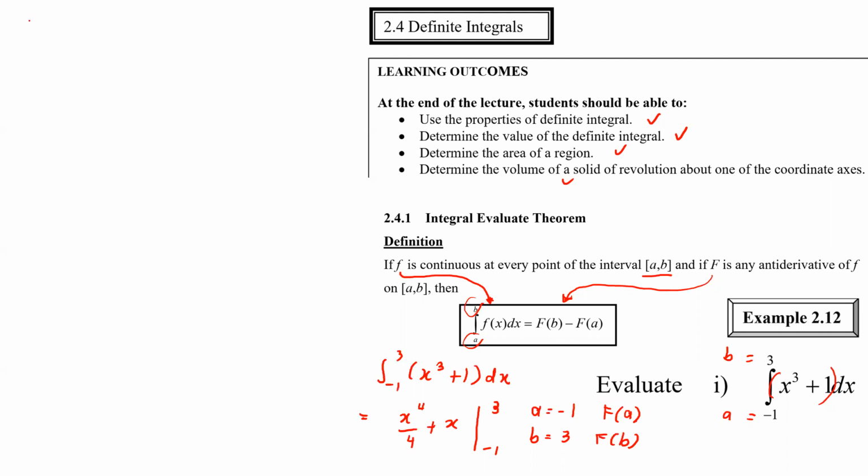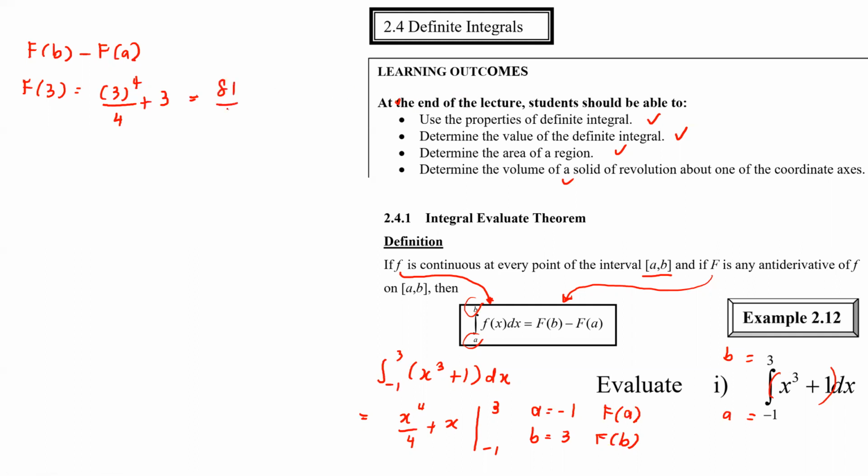Okay. So F(b) minus F(a). So F(b), where is F(b)? b is equal to 3, right? So 3 to the power of 4 divided by 4 plus 3. So this one is equal to 81 over 4 plus 3.